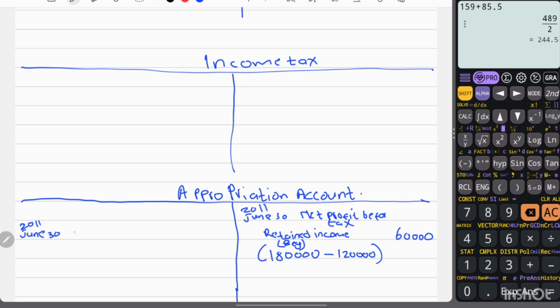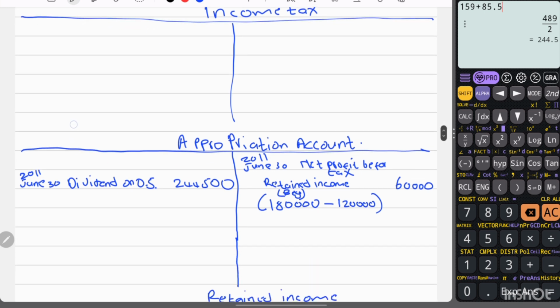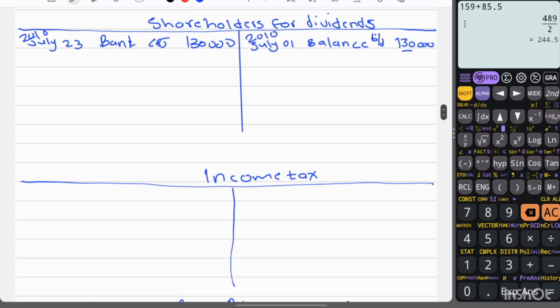Where did I take this one? I took it from the dividends on ordinary share. How much is it? 244,500. Okay.